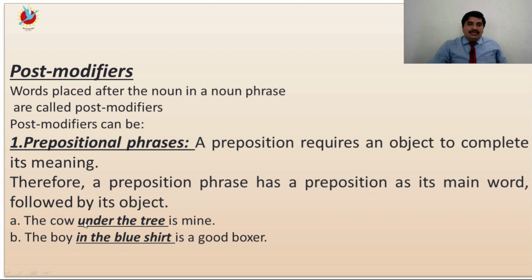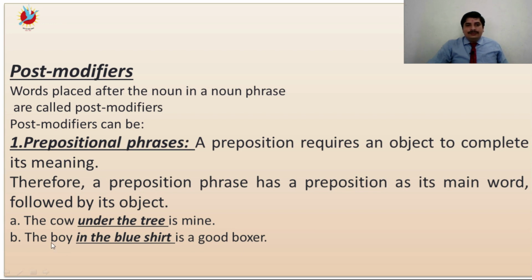You can see, the cow under the tree is mine. The is a determiner, cow is the noun. Under the tree: under is the preposition, the tree is the object of the preposition under. So under the tree is the post modifier of the noun cow.